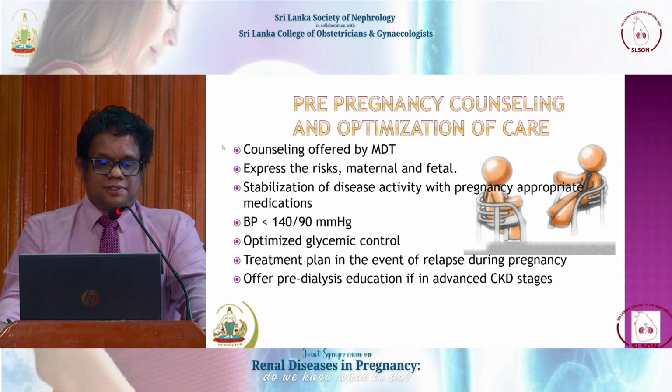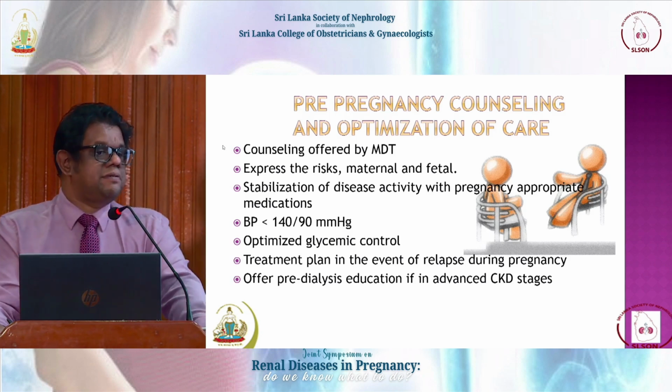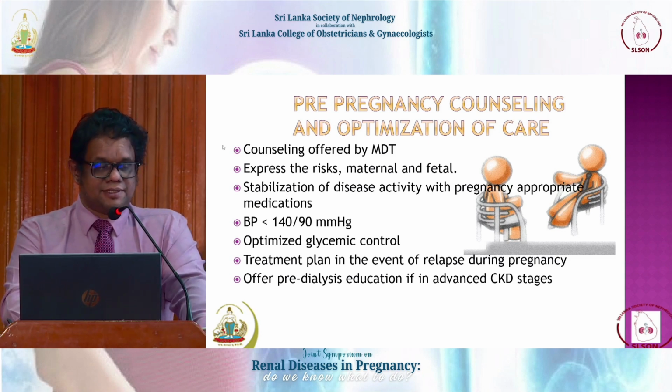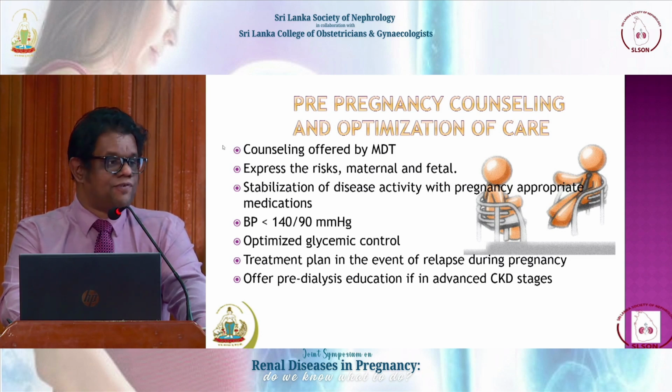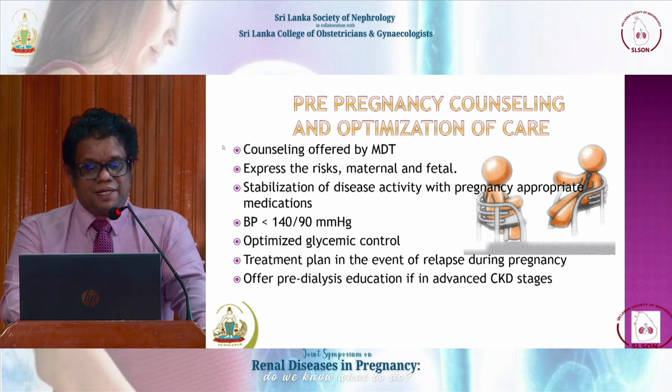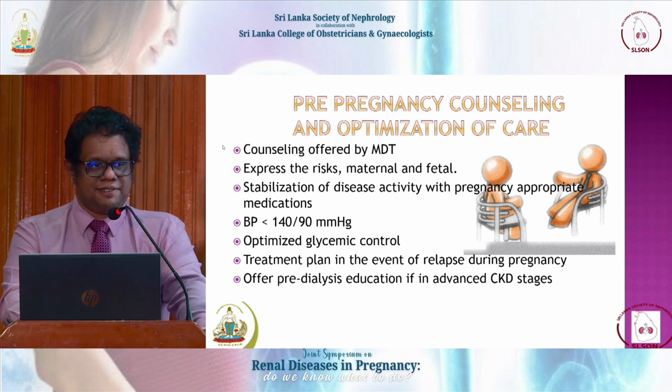The cornerstone of managing pregnancies in patients with renal disease is pre-pregnancy counseling and optimization of care. The counseling should be offered by a multidisciplinary team, not by the nephrologist or the obstetrician alone.